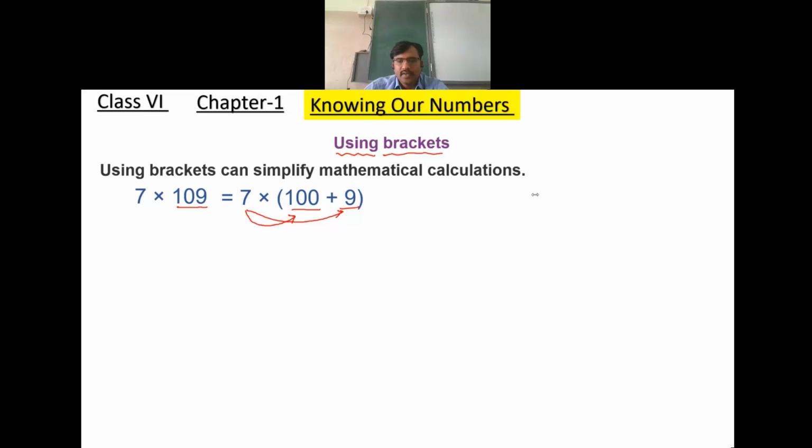This 7 has to be multiplied to both the numbers. 7 multiplied to 100 is 700. 7 multiplied to 9 is 63. Therefore, it has to be multiplied in this way. This property is called the distributive property.